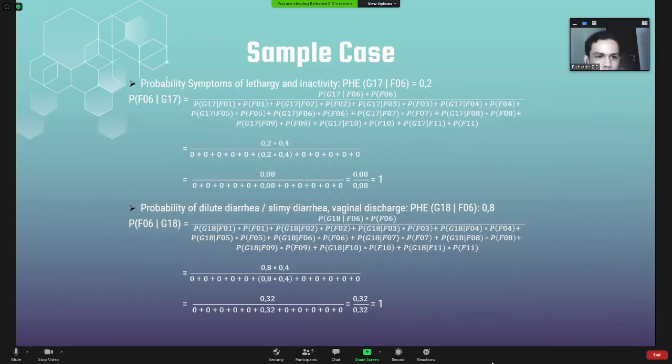So we calculate this same as the previous, and we get the result is 1.